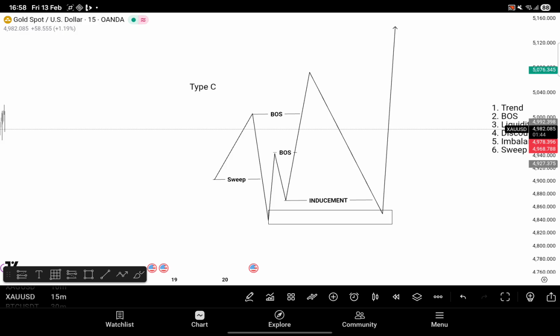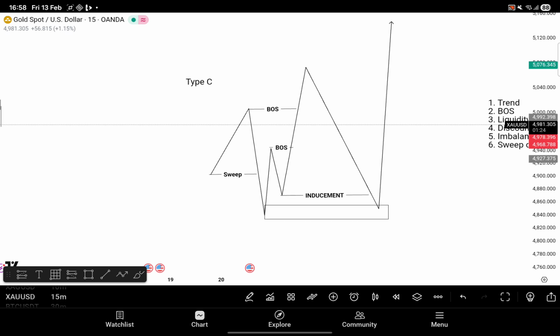You've identified your higher lows, whether the market is giving you an uptrend, a downtrend, or is ranging. That will determine what you will be doing. Market structure is the foundation in technical analysis.